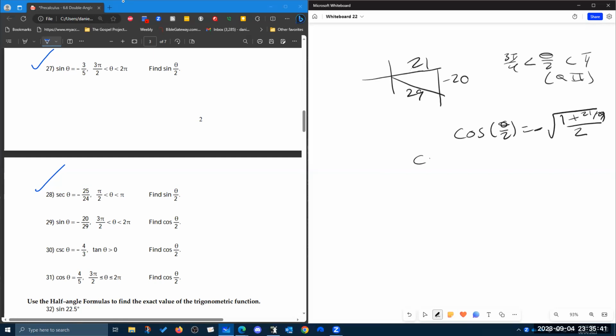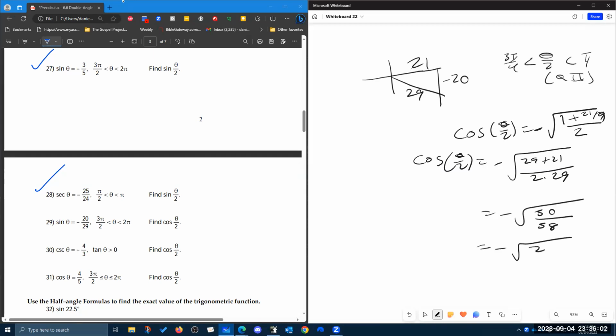That's going to be a negative root of 29 plus 21 over 2 times 29, a negative root of 50 over 58. Negative root 25 over 29 is negative 5 over root 29, or negative 5 root 29 over 29.